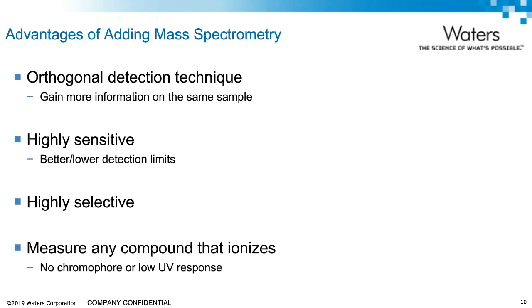This in turn allows very low abundant species to be detected and analyzed. It is highly selective. Different mass analyzers allow users to acquire or extract information on individual compounds from complex mixtures. Finally, MS can be used to measure any compound that ionizes. This allows the detection of species with no chromophore or low UV responses.